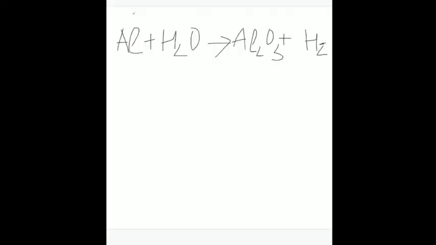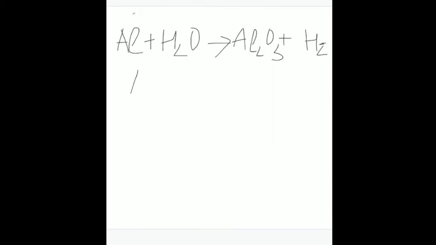Again we have aluminium and water reacting to form aluminium oxide and hydrogen. Now over here you can see how the formula of aluminium oxide is written. The valency of oxygen is 2 and the valency of aluminium is 3. So the valencies get interchanged and it becomes Al2O3.